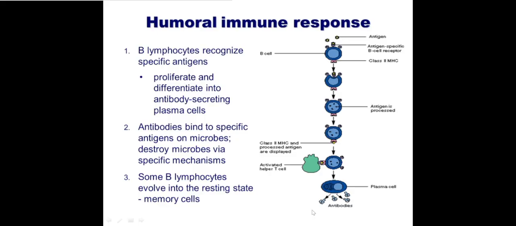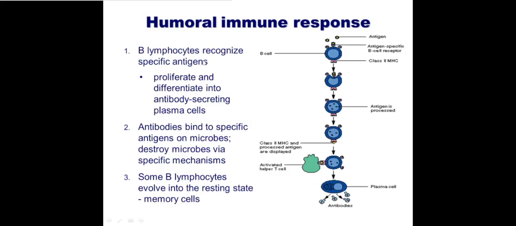Now, second is the humoral immune response. What happens in the humoral immune response? It involves B lymphocytes. B lymphocytes recognize a specific antigen. The humoral immune response is a B cell type immune response. Remember, in earlier slides I told you this, right?